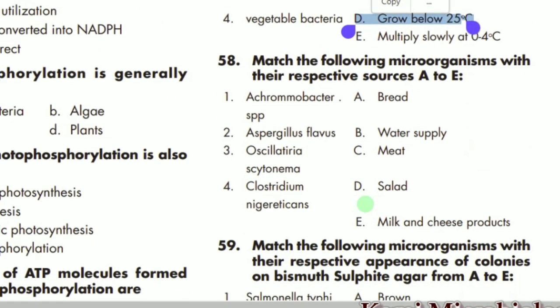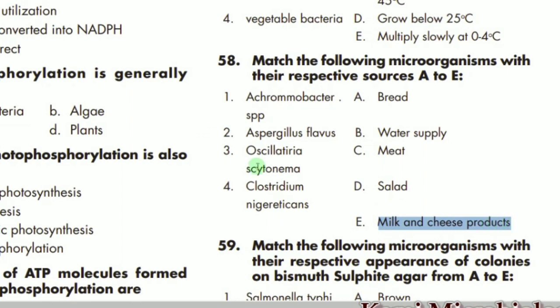Then we have the 58th MCQ that says to match the following organisms with their respective source. These are the names of the organisms and their source of energy, meaning they obtain their food from it. For the first bacteria, Achromobacter, they obtain their food from milk and cheese. So milk and cheese products is the correct option for the first.